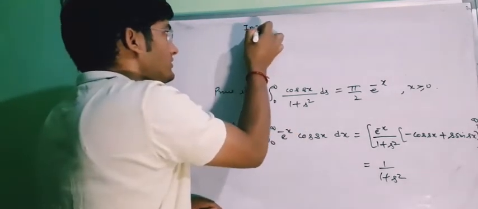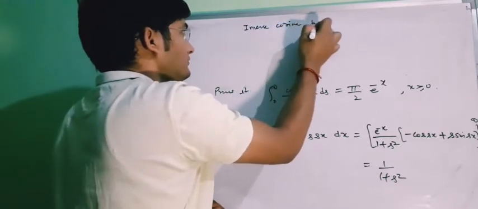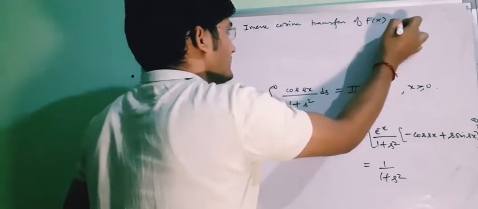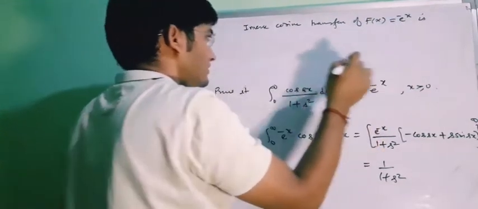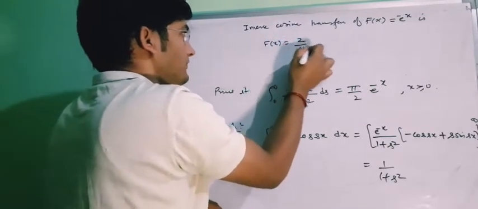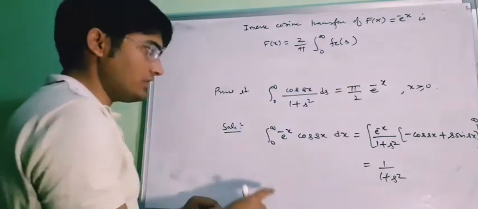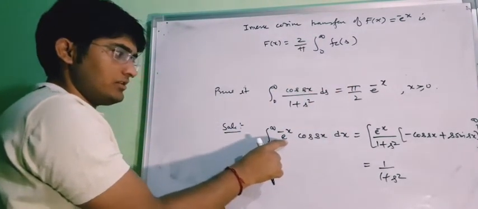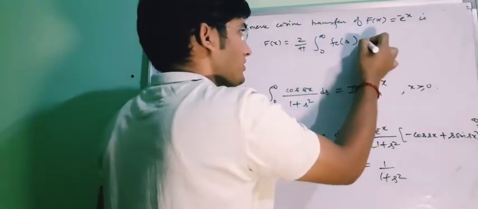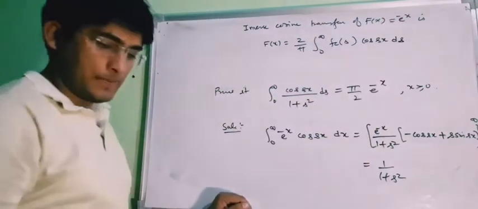So the inverse cosine transform of f(x) equal to e to the power minus x is f(x) equal to 2 upon pi, integral 0 to infinity. Now F_c(s), that means its Fourier cosine transformation. Here we have taken the Fourier cosine transformation of e to the power minus x. So this will be your cos sx, and then the integration with respect to s.